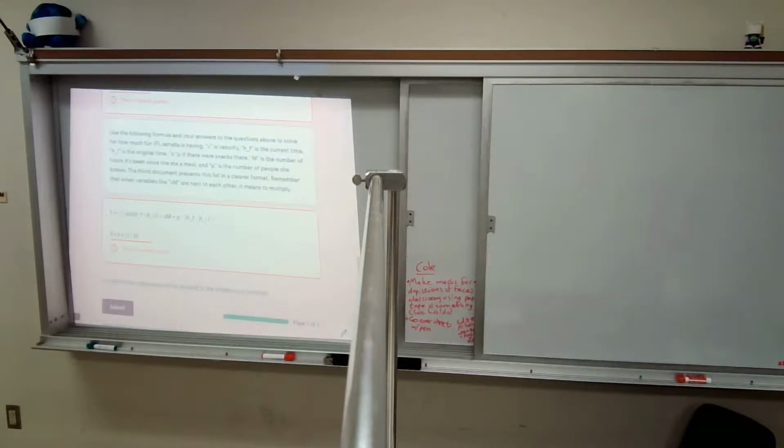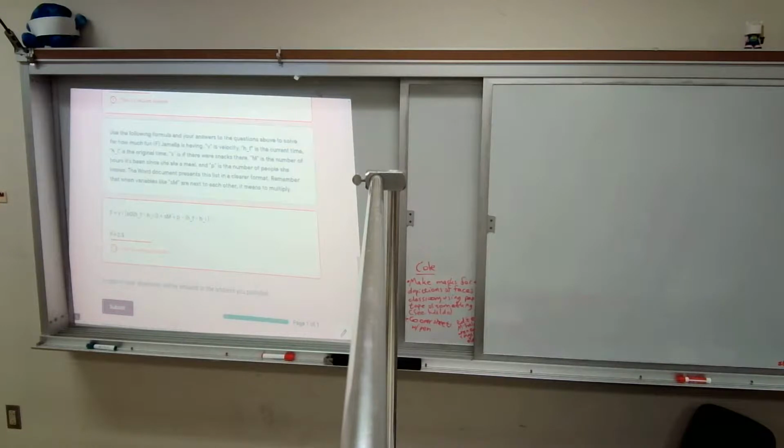Okay, 1 times 1.5 is just 1.5. So instead of saying 1 times 1.5 right here, I'm just going to say 1.5. And 0 plus 1.5 is just 1.5, so we can simplify that. P is the number of people she knows, which is 1. 1.5 plus 1 is 2.5.